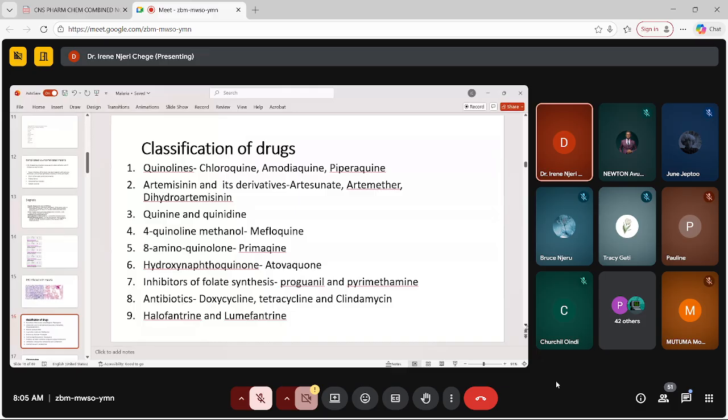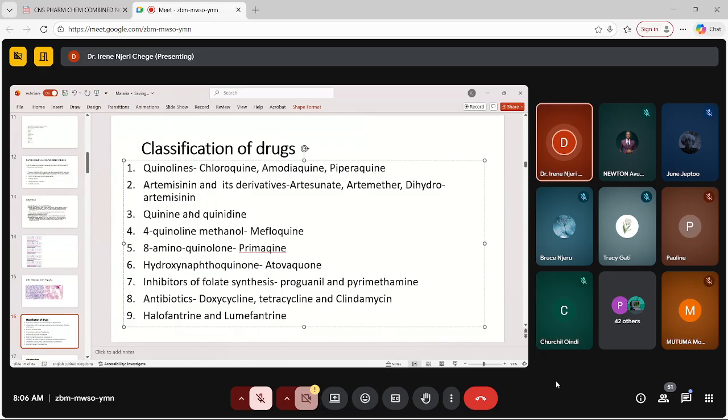So this is how we classify our drugs. We have the quinolines. Here we divide them into chloroquine, amodiaquine, and piperaquine. We have artemisinin and its derivatives. We have artesunate, artemether, dihydroartemisinin.